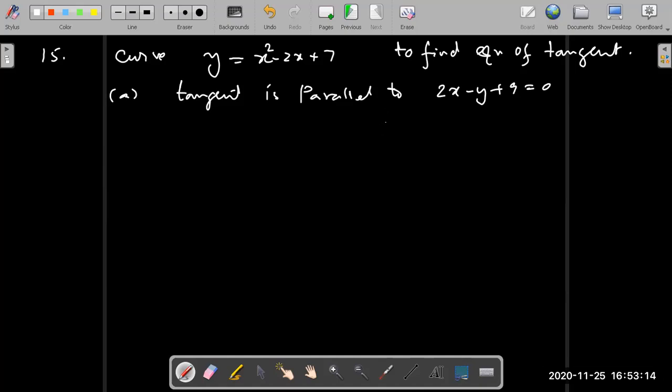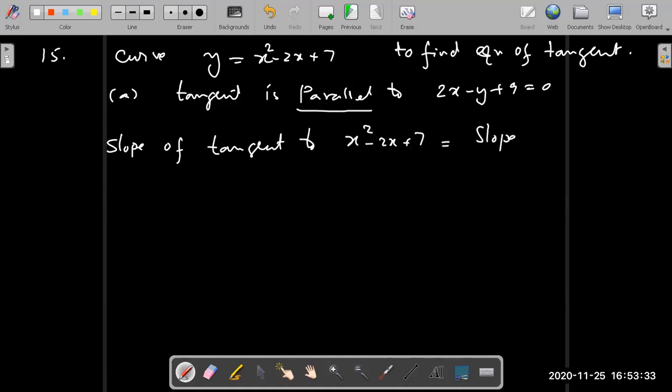So when we say one line is parallel to the other line, the slopes are equal. That means the slope of the tangent to x squared minus 2x plus 7 is equal to the slope of 2x minus y plus 9 equal to 0.